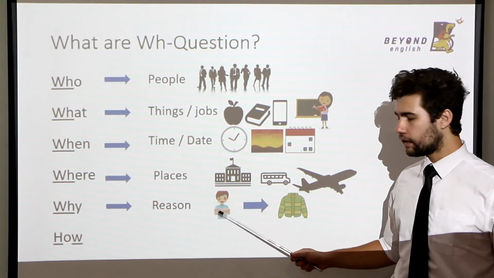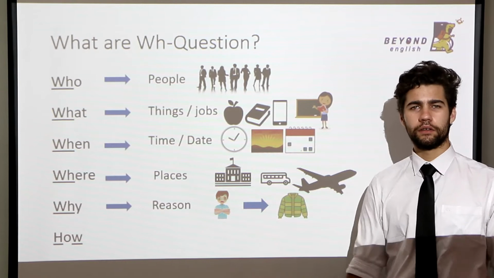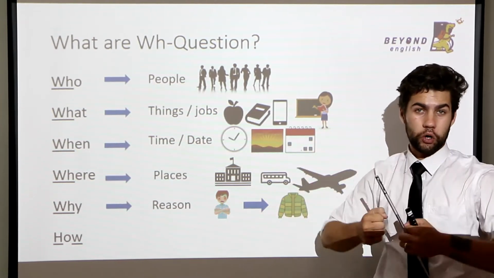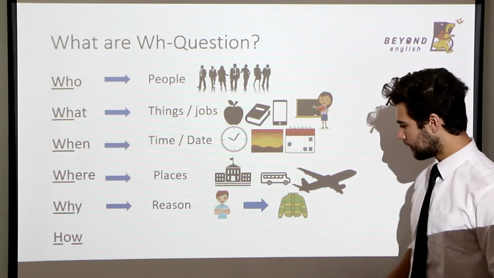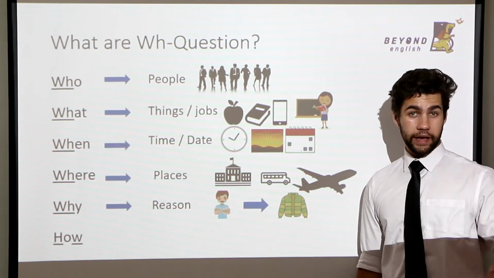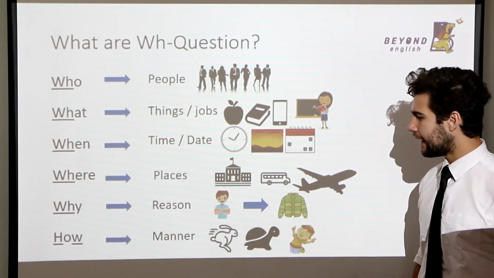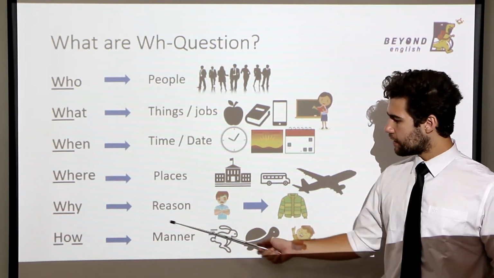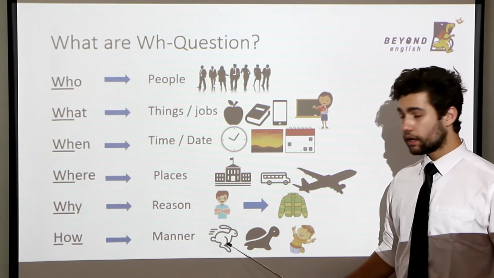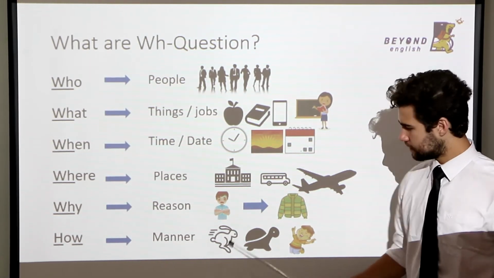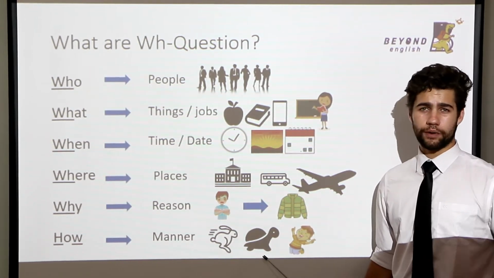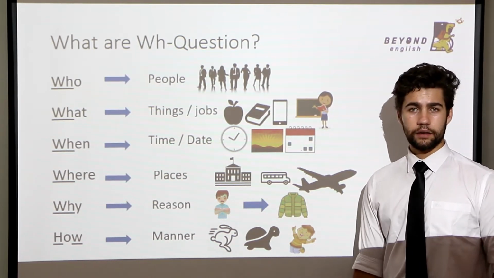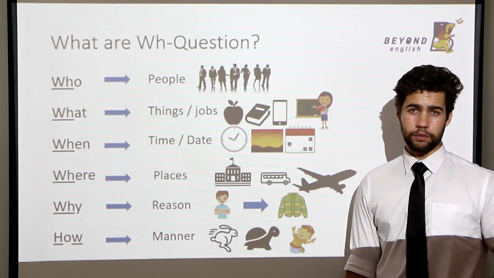Why is he cold? Because he forgot his coat. Alright, and last, we can talk about how. So, how always talks about the manner. Fast, slow, happy. Okay, now let's dive in deeper.